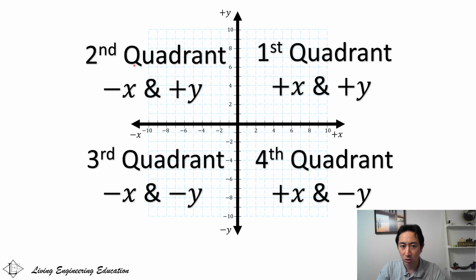In this second quadrant, in the top left, you have x values that are negative and y values that are positive. So any point in here will have a negative x and positive y value. In this bottom left third quadrant, we only have negative x and negative y values, and in the bottom right fourth quadrant, we only have positive x and negative y values.